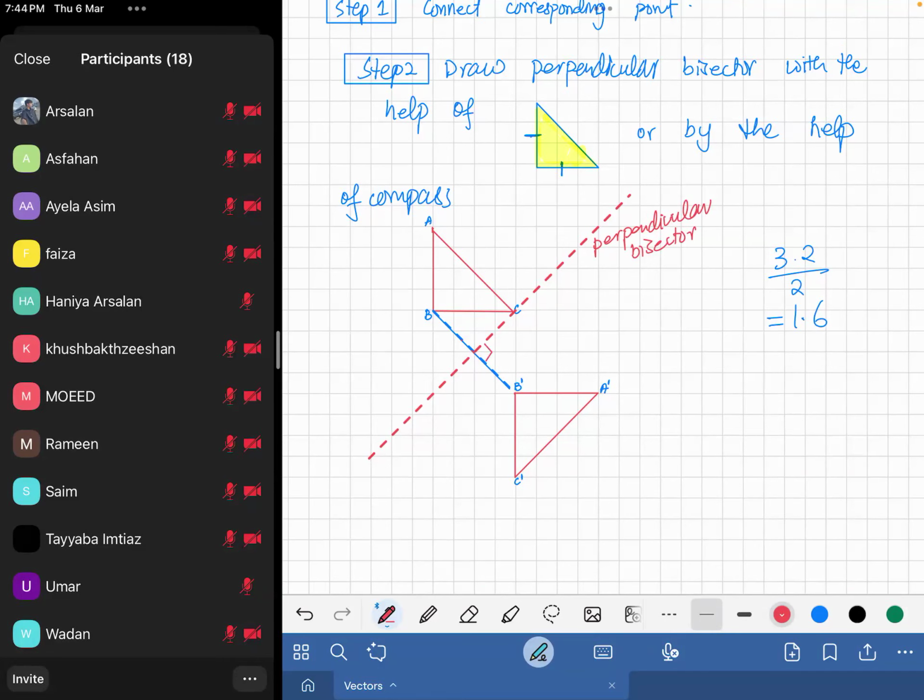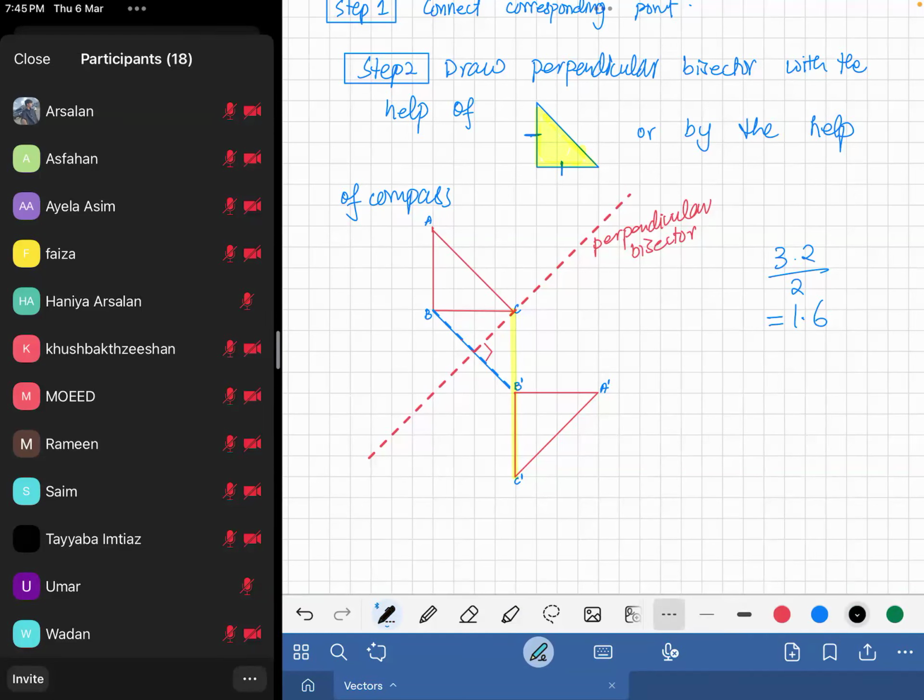Okay, done. So once it is done, you are supposed to find out another perpendicular bisector. You can see one thing, everybody, that C to C prime is a vertical line, and drawing perpendicular bisector of a vertical or a horizontal line is a piece of cake. So I can draw the perpendicular bisector of this yellow line after 4 boxes.